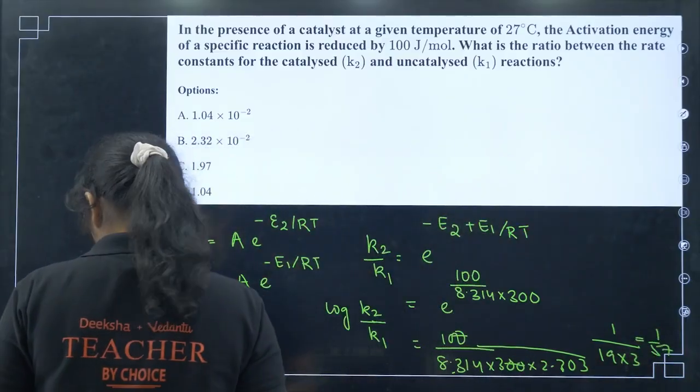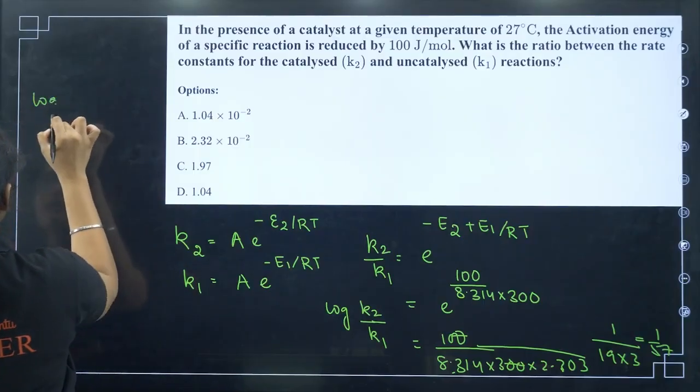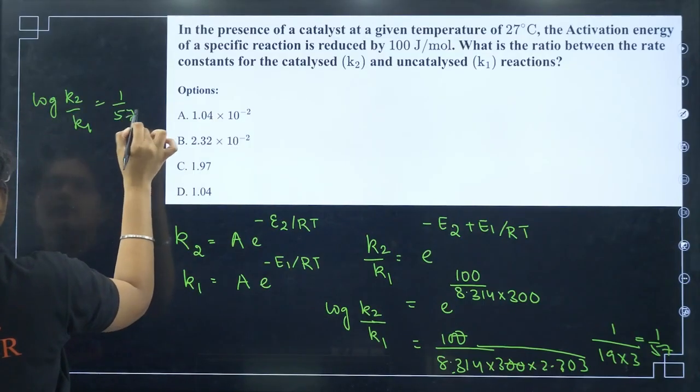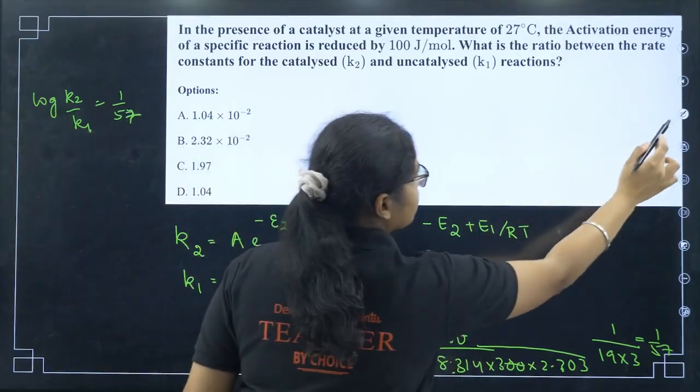So now the value of log of K2 by K1 is 1 by 57. Now what is the value of 1 by 57?